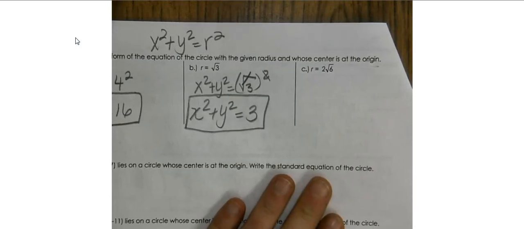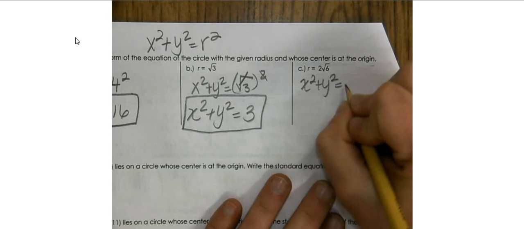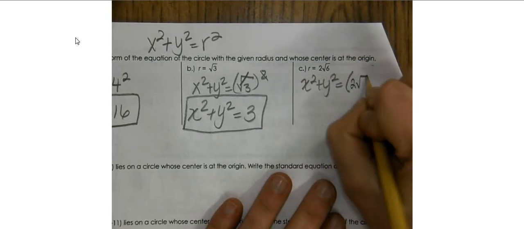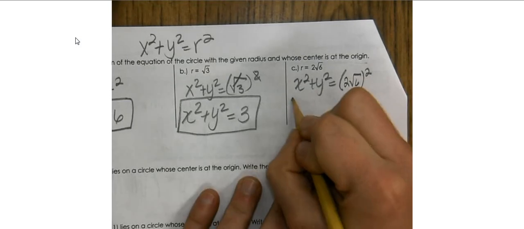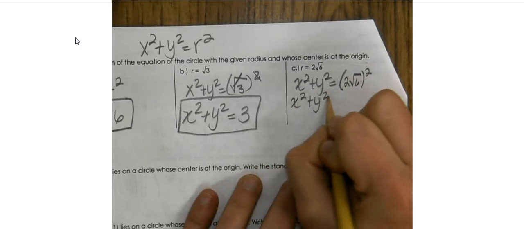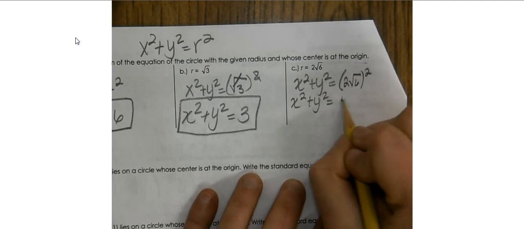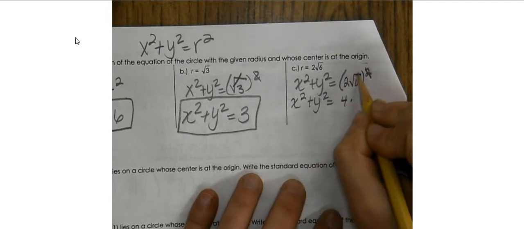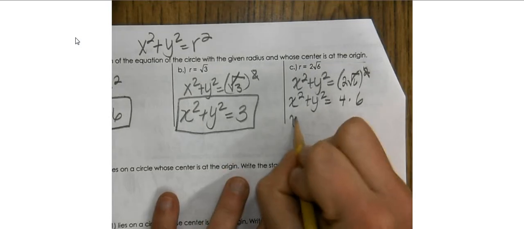Then for letter C, I'm going to write x squared plus y squared is equal to parentheses 2 square roots of 6 squared. Please be careful with this one. For this problem, we have x squared plus y squared equals 2 squared. We're going to square each piece. 2 squared is 4. The square eliminates the square root, leaving us with 6. And 4 times 6, that is 24.